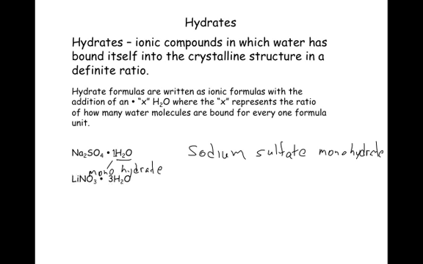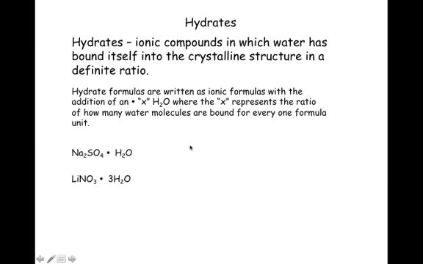All right, let's do another one. Let me clear that space out. So LiNO3 dot, so that's the connector. That dot means this water is inside of the lithium nitrate. And so let's name it. Again, these are all going to be ionic compounds. You're just going to simply name them, the real simple naming system, plain Jane.